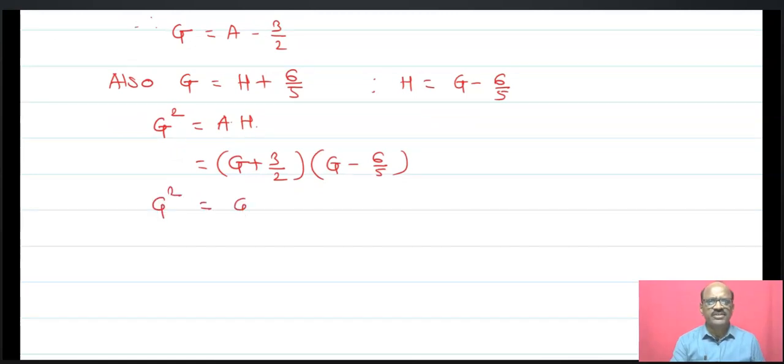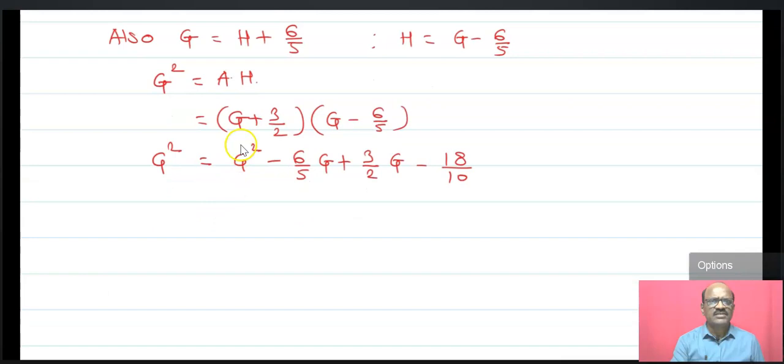Now after substituting, G square is equal to, now this is the normal multiplication. See this multiplication: G into G, G square, G into minus 6 by 5, minus 6G upon 5, then 3 by 2 into G, that is 3 by 2 G, then minus 18 upon 10.